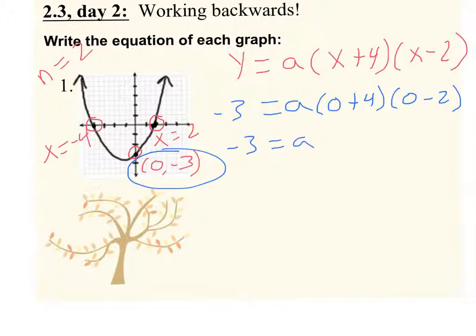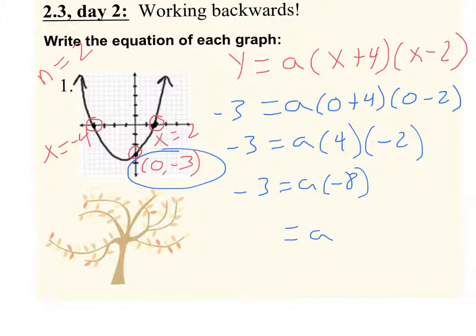Now if I simplify this a little bit, 0 plus 4, 0 minus 2, I can work my way down here, and in not too long, I'm going to divide both sides by -8, and I can see that a is 3 over 8. Okay, notice when I divide by -8, the negative signs cancel, which is why it's positive 3 over 8, which is consistent with what I thought at the beginning, that a needs to be positive.